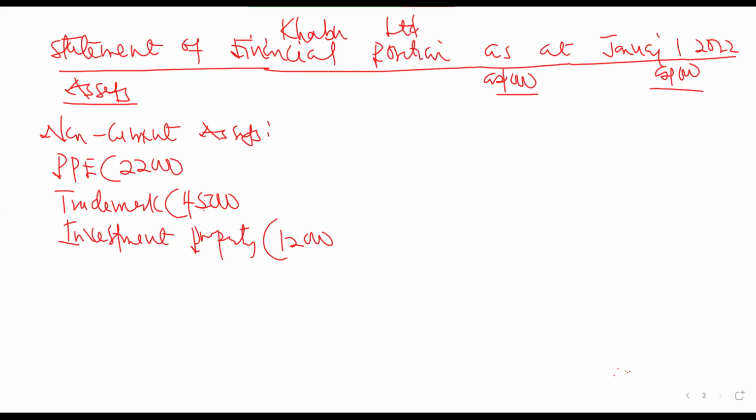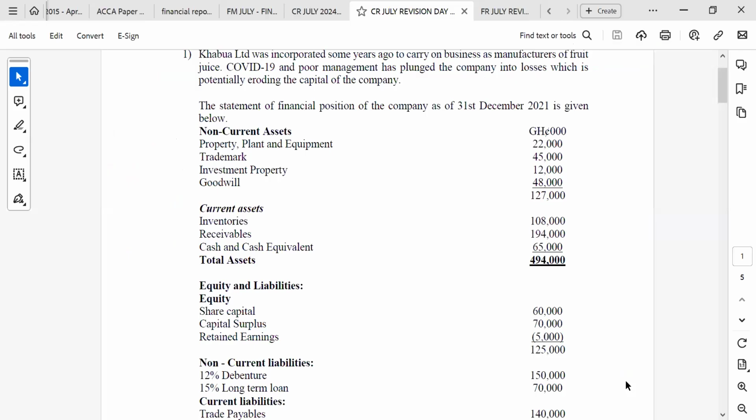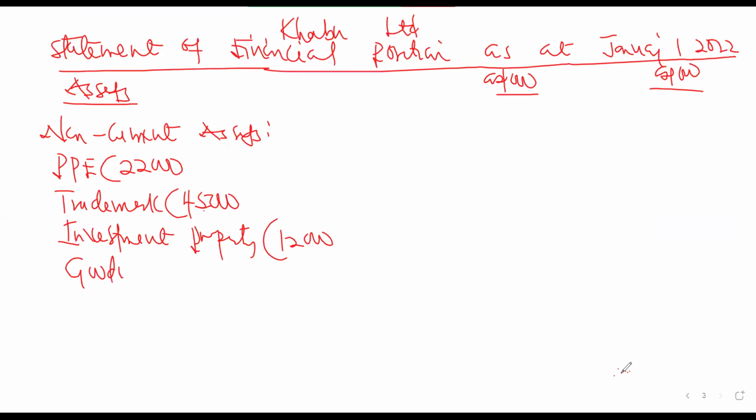So we have the goodwill. Goodwill will be written off, but bring it and subtract the figure again. In times of reorganization, you cannot be making losses and still be saying that you have goodwill. So the goodwill will be written off, but what we do is bring the figure and subtract it again. So goodwill will be 48,000.